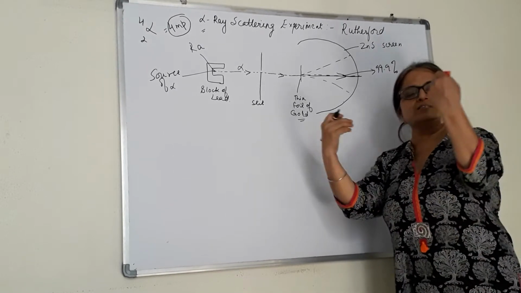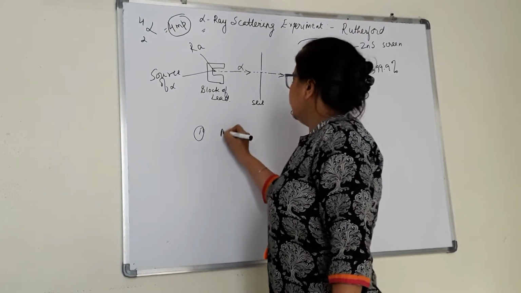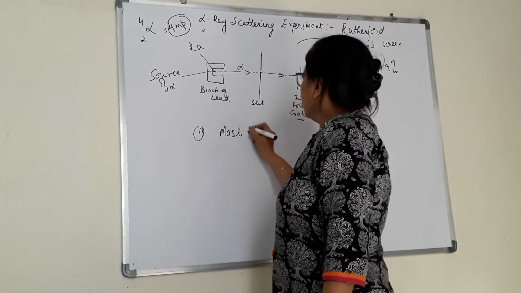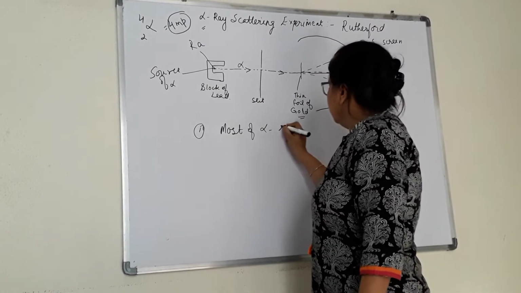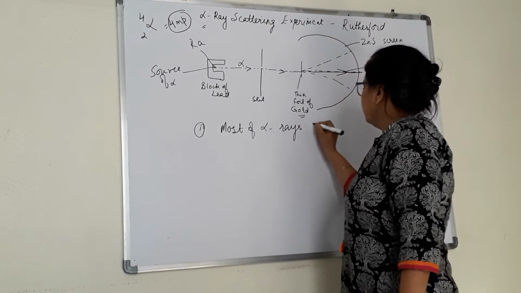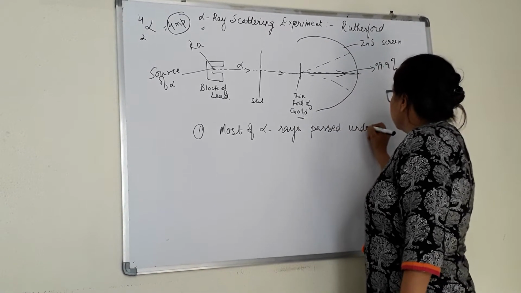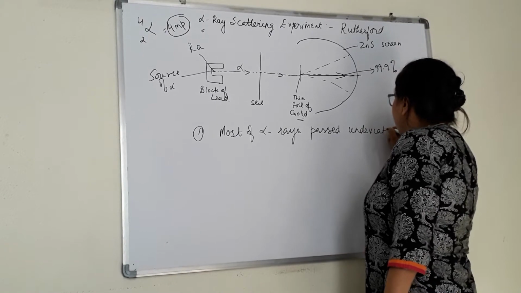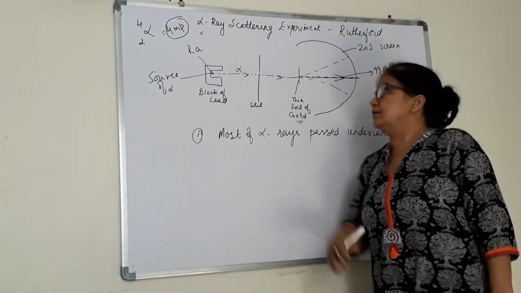99.9% of them passed undeviated. That was his first observation. He said most of the alpha rays passed undeviated. How many, also he specified? 99.9% passed undeviated.